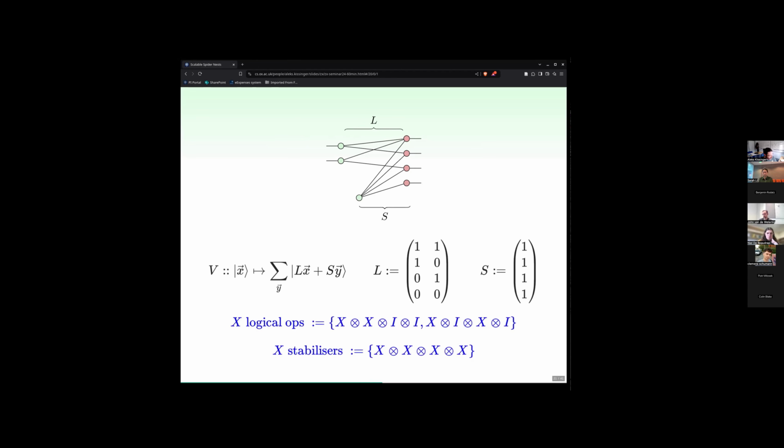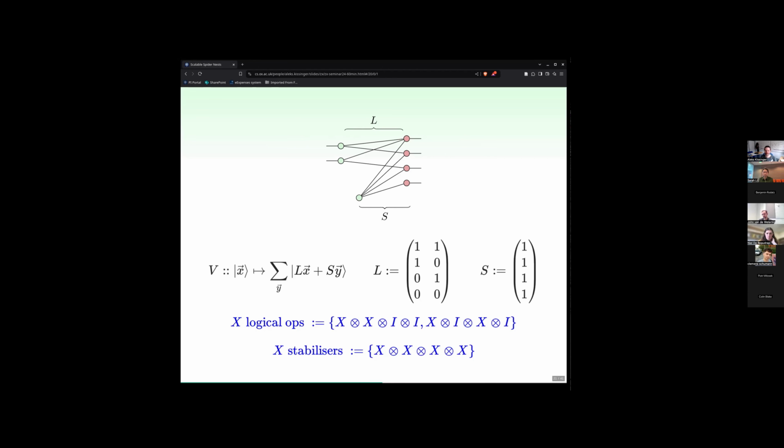If you are used to thinking about stabilizers and logical operators, you can translate between this graphical picture of the encoder and this more traditional way of thinking about it by taking the columns of L to be the X logical operators and the columns of S to be the X stabilizers.